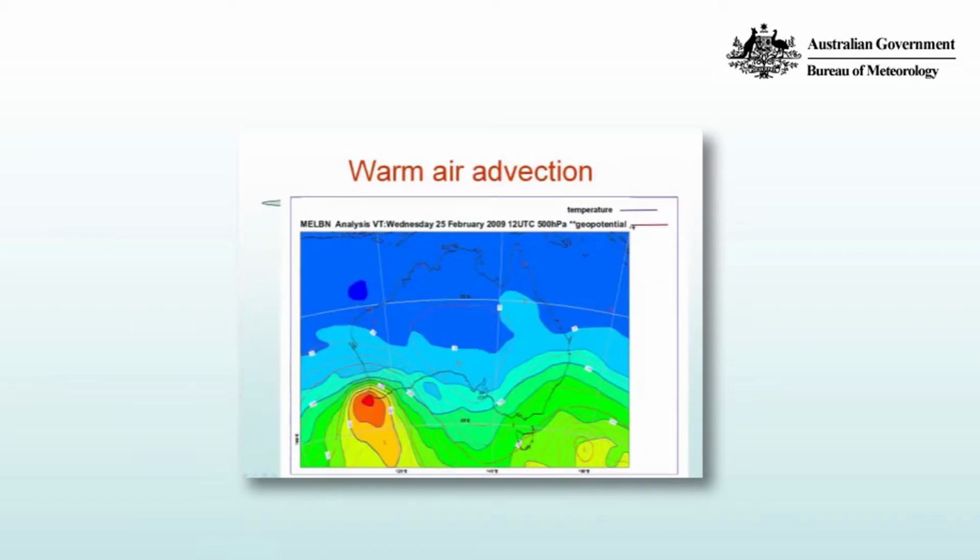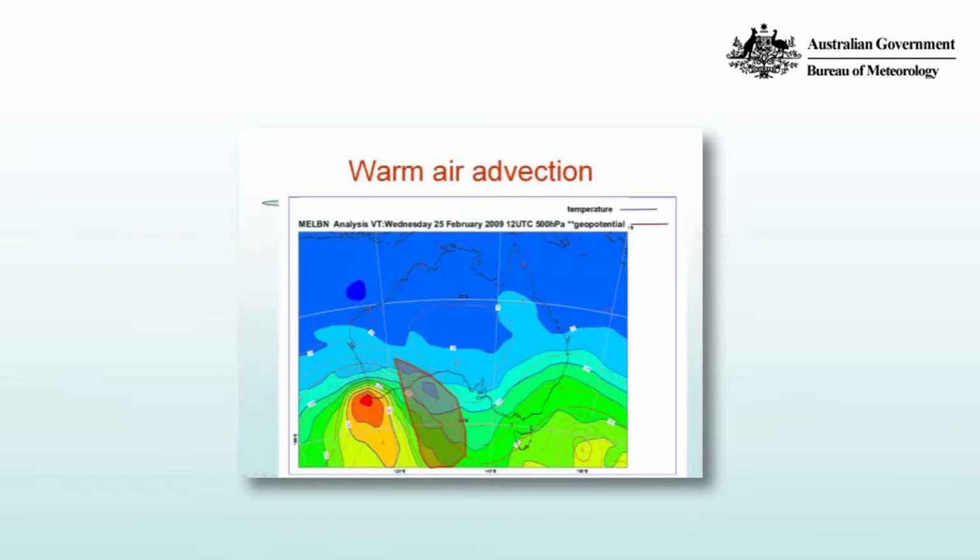Here is the same picture at the same time for 500 hectopascals, so it's the height of the 500 hectopascal surface, and the heights as they change moving north and south are shown in brown, and the temperature lines are shown in blue but also shaded, so that the red is the coolest values and the blue is the warmest values. You can see that there is a feature off Western Australia that's associated with very cold values.